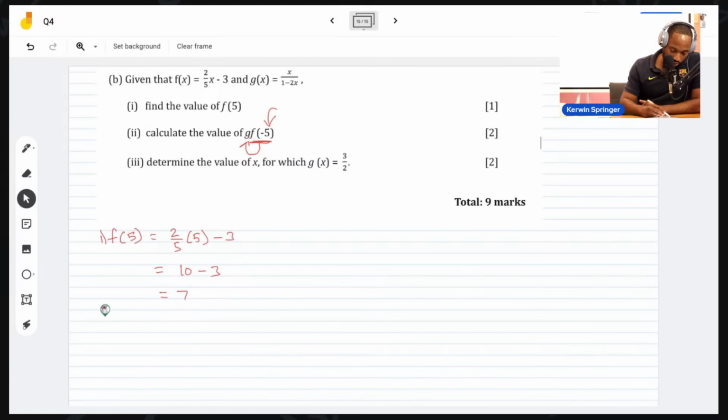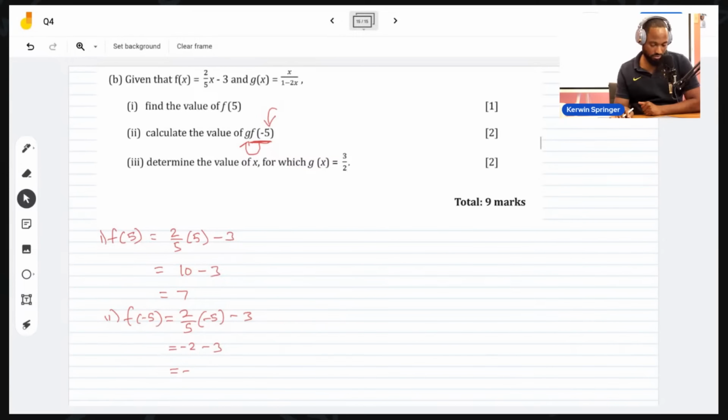So for part 2, first thing I'll do is find f of -5, which is 2/5 times -5 minus 3. I get -2 minus 3, I get negative 5 again. So it's negative 1. What did I do? 2 by 5.